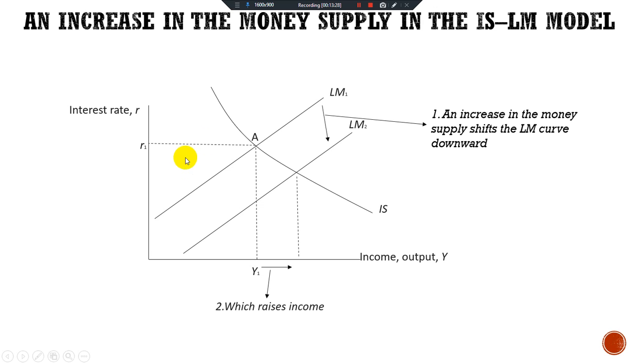We have a rise in national income from Y1 to Y2 at point B, and at point B we have a lower interest rate, because by raising the supply of money we get a lower level of interest rate. That is our new interest rate, R2. So the equilibrium moves from point A to point B.